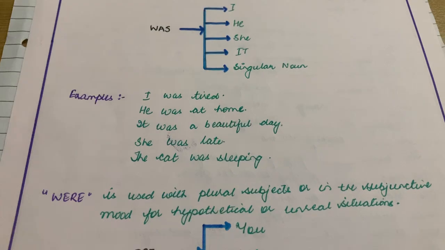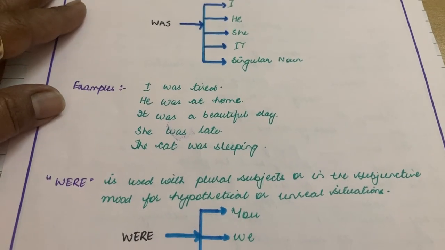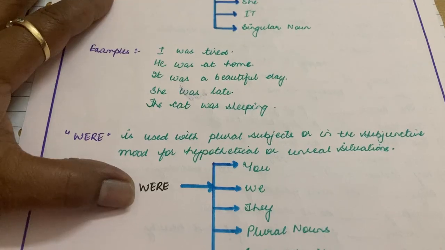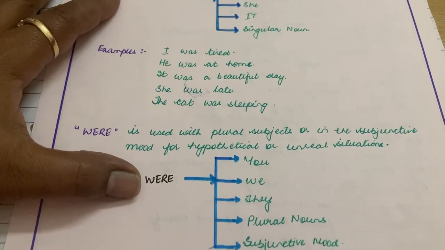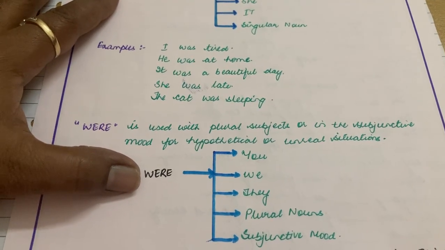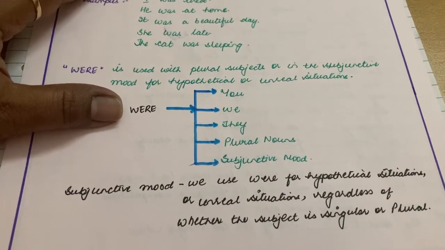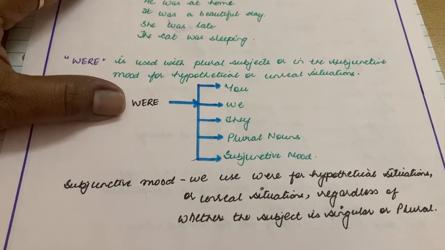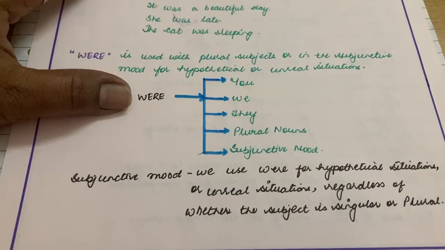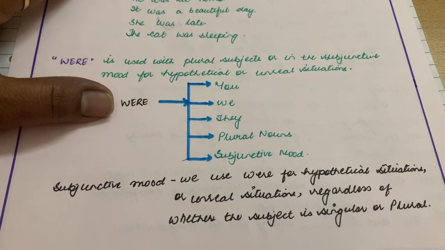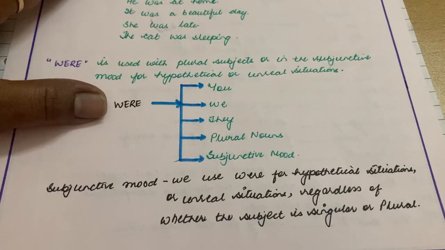In the table format, we use were with you, we, they, plural nouns and the subjunctive mood. So what is subjunctive mood? We use were for hypothetical or unreal situations, regardless of whether the subject is singular or plural.